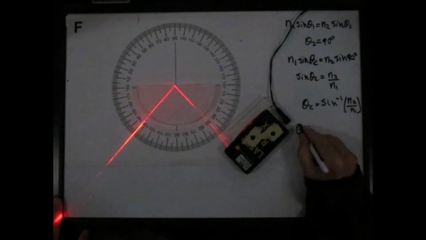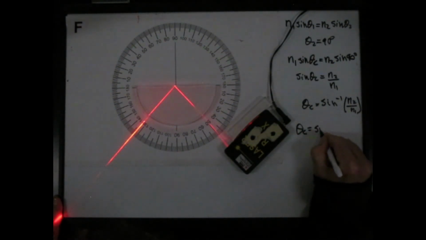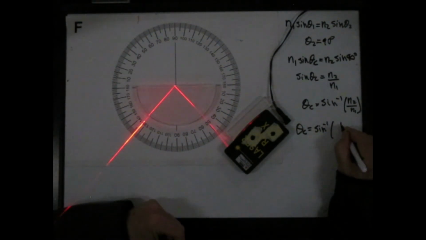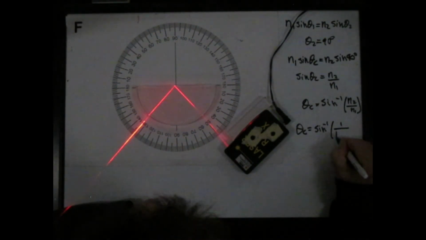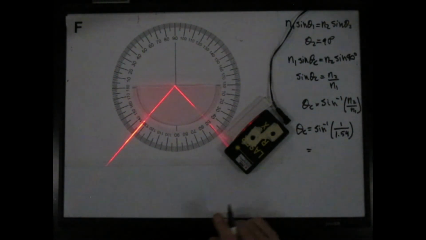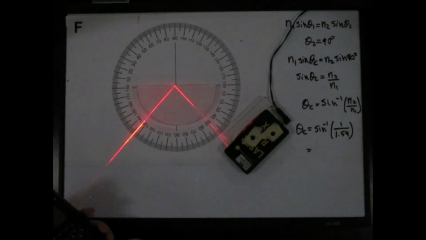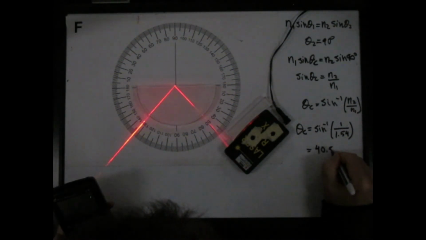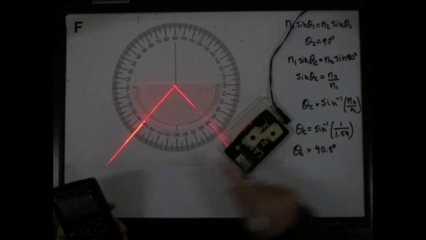And in our case, that means theta critical is the inverse sine of n2, which is this side, it's air, of 1 over, what did we say that was, 1.54. And so I can evaluate that with my calculator. And lo and behold, I get 40.5 degrees, which is about where we are.